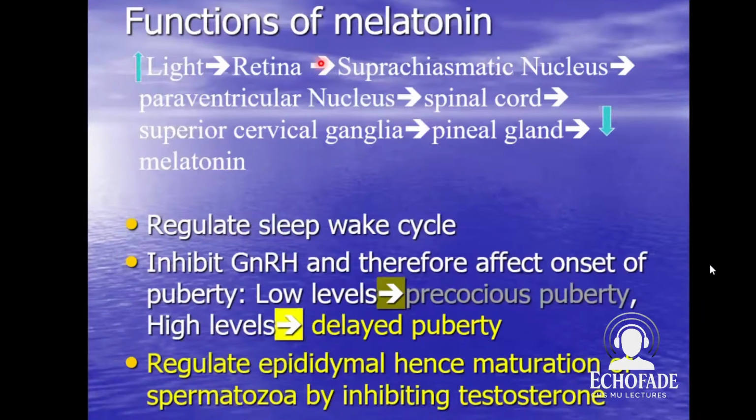This is a portal system joining the hypothalamus and the hypophysis. That's why we call it the hypothalamo-hypophyseal portal system. At the secondary capillary plexus, the releasing hormones are now released to the cells. And those cells are the acidophils and the basophils.